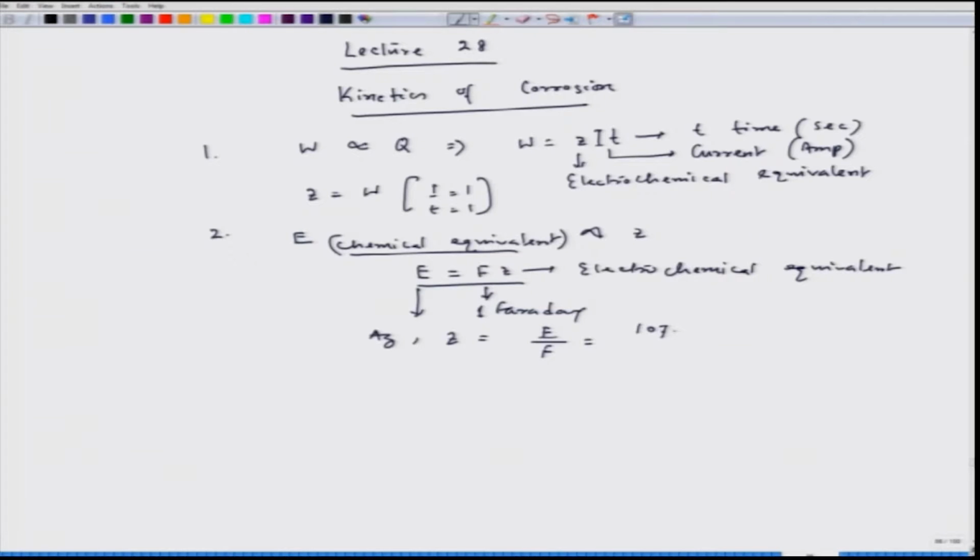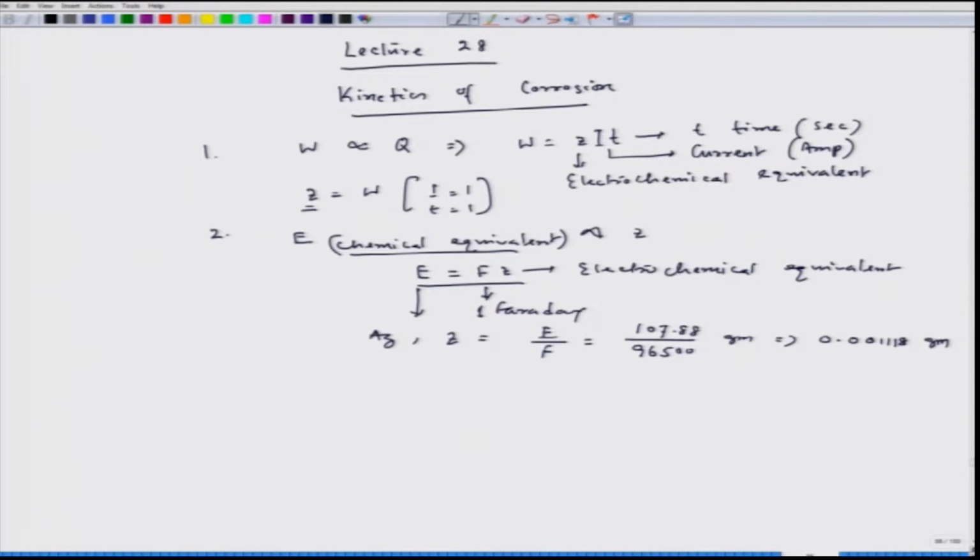So, 107.88 divided by 96500 gram, and this is coming out to be 0.001118 gram per coulomb. Now, so with the help of second law, we can find out the value of Z.